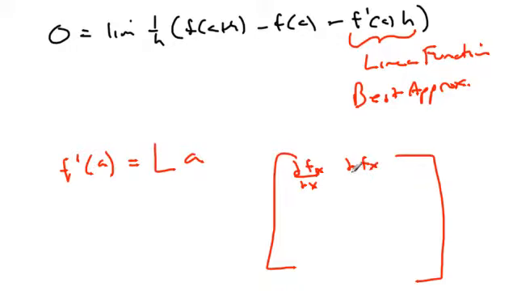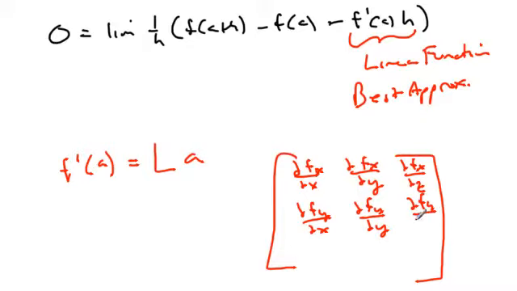Then this would be the partial derivative with respect to y, and this is the partial derivative with respect to z. I'm doing a 3 by 3 matrix here. Partial derivative of f sub y with respect to x, with respect to y, with respect to z, and etc.